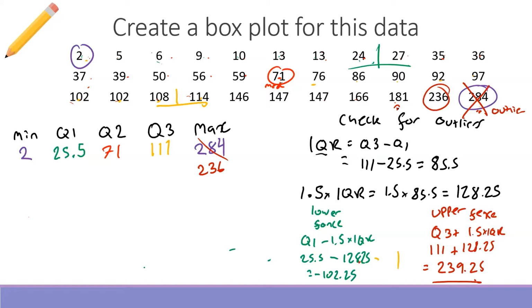So what's our box plot going to look like? If I go up by 50s, then it's going to be 5 centimeters long. If I go up by 20s, it's going to be 11 centimeters. But I still need to go up to 284.